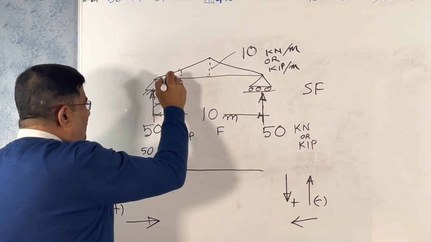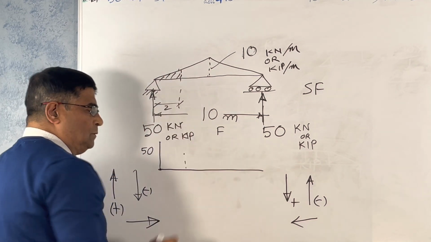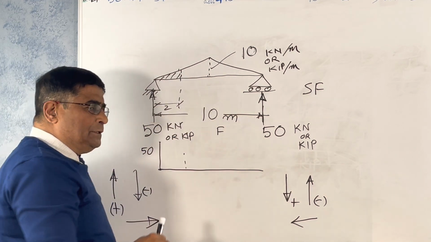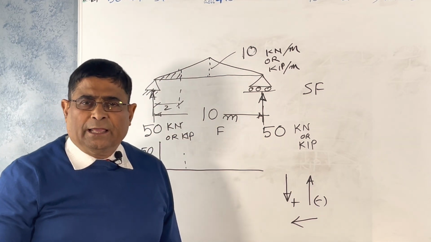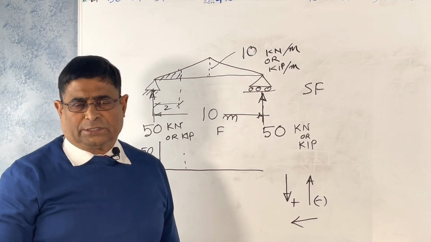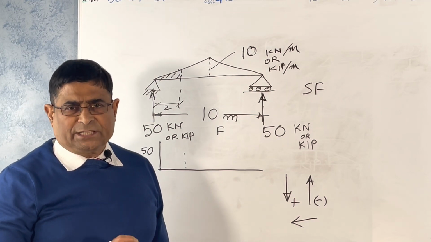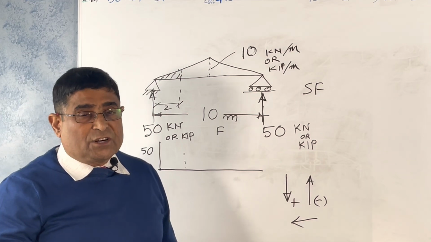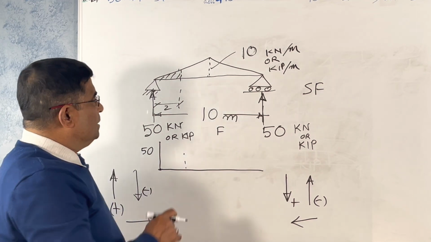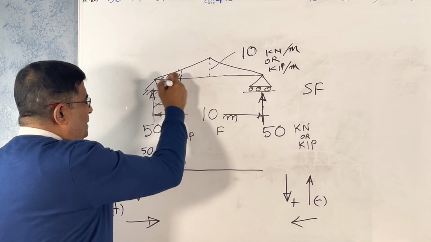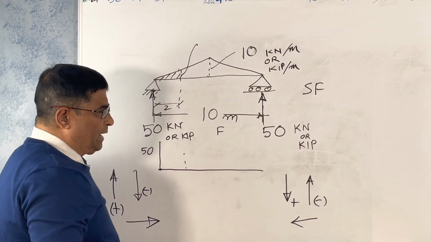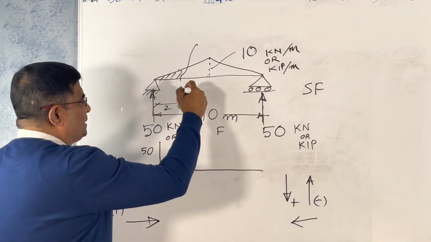So this load will be coming down, this part. The definition of shear force is the net unbalanced transverse force at a particular section. So what is the value of this area? You can calculate that.